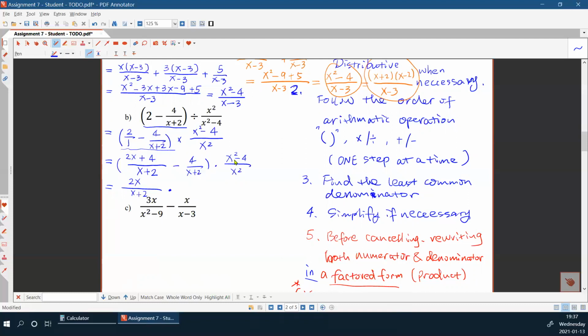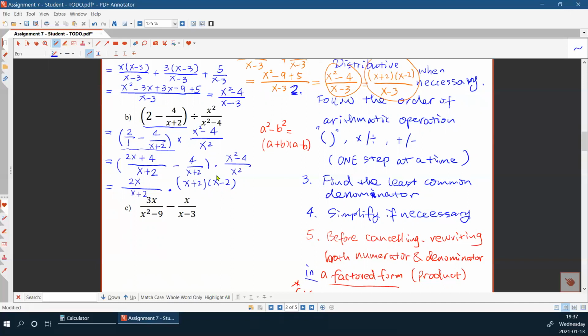So x squared minus 4 is x plus 2 times x minus 2, right? Because we are using the formula that a squared minus b squared is a plus b times a minus b, right?